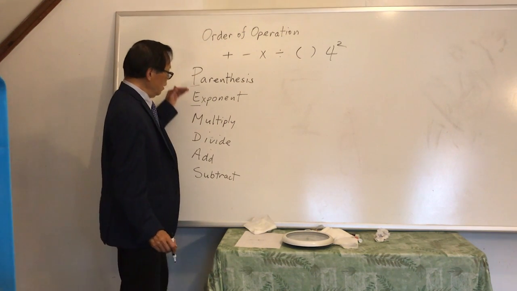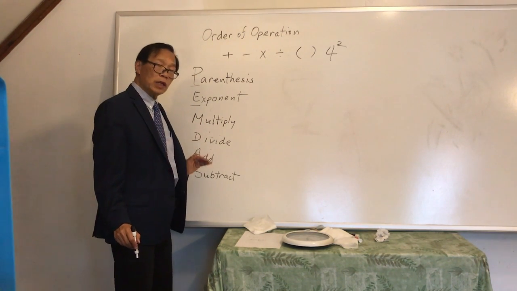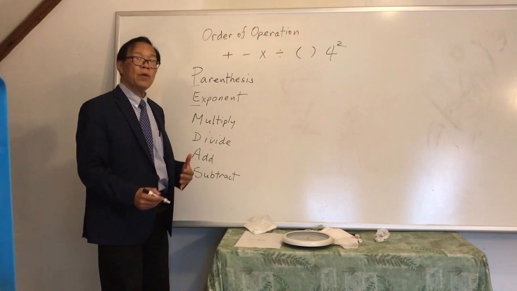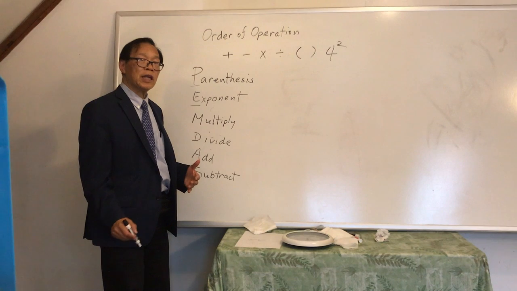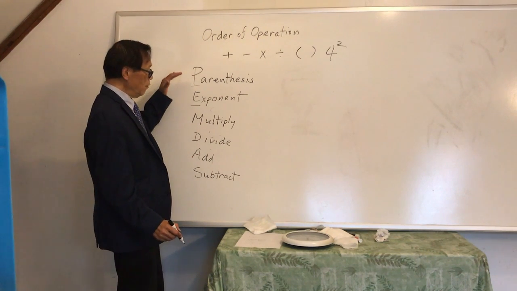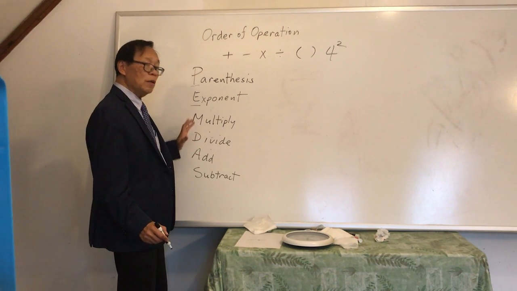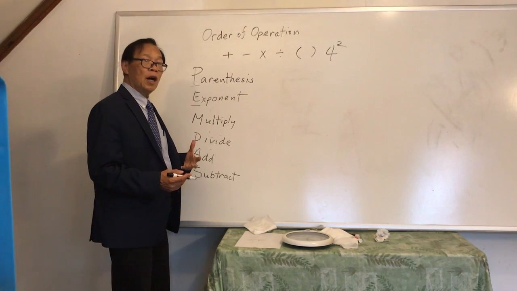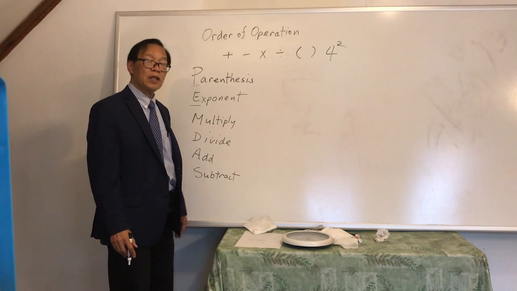Now, if we stick to this order strictly, we may run into some problems, and this is what I want to explain to you in this presentation, how to tweak and adjust this a little bit so that it follows how we do things at the college level.